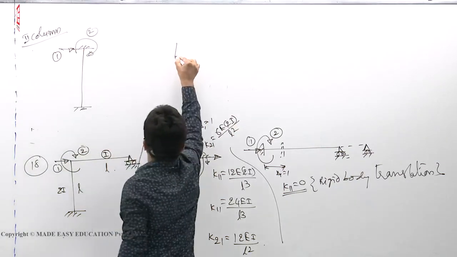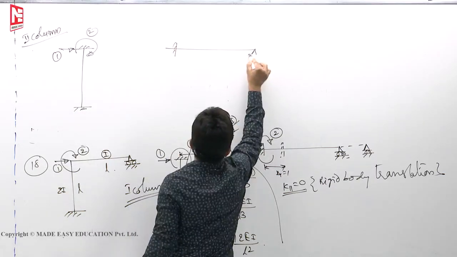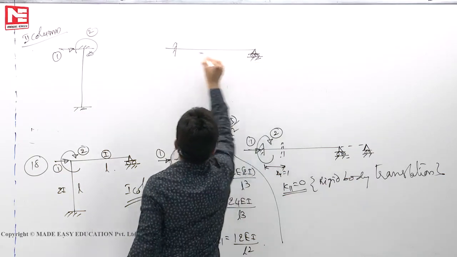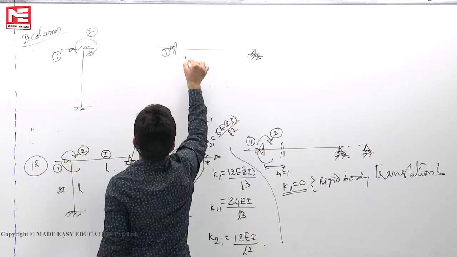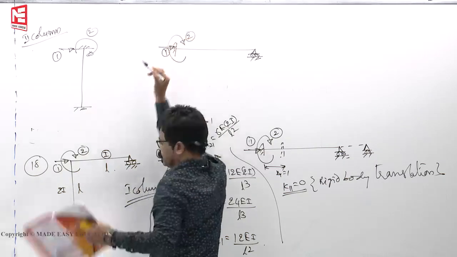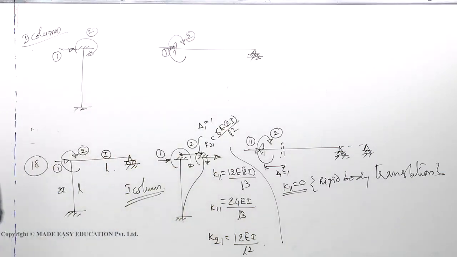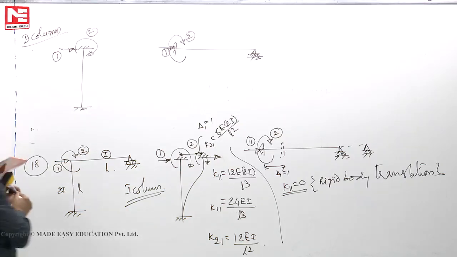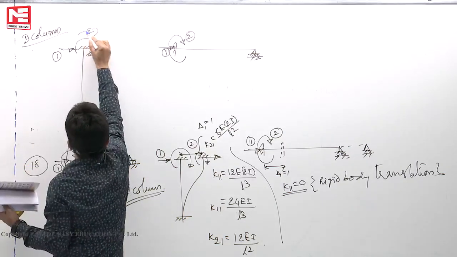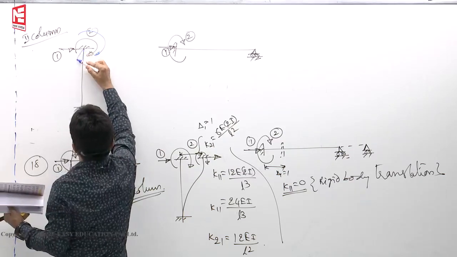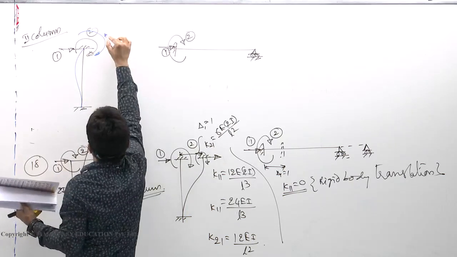Here same. This is a roller. We should not touch the roller. Now apply unit rotation here. If you apply unit rotation, the deflection profile is like this.